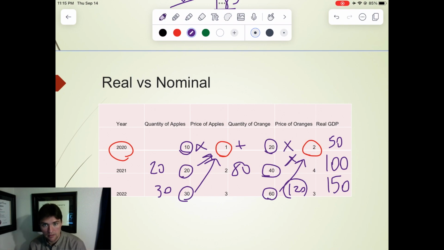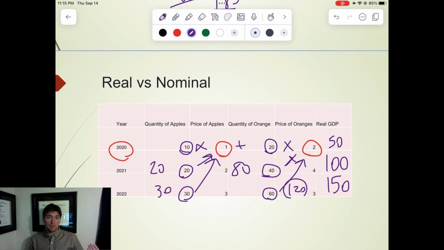The magic here is that if we look at the prices from 2020, how much of an increase are we having in production alone? Beforehand, you were producing more, but you were also inflating the GDP because of the prices.